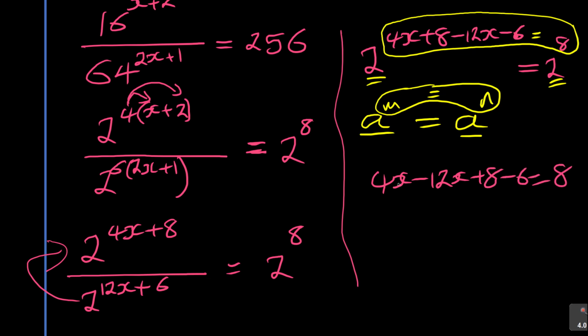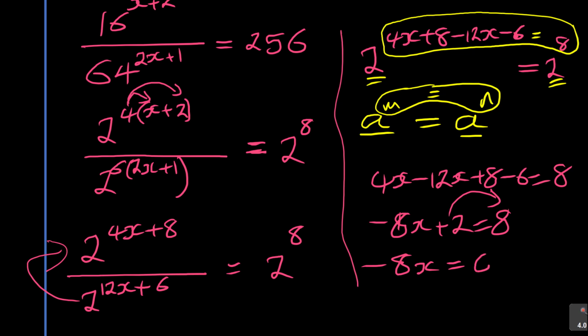Then you solve that. 4 minus 12 is negative 8x here, and then plus 2 is equal to 8. Then take that to the other side. You've got minus 8x is equal to 2. I mean, this 2 becomes negative, so it's 8 minus 2, which is 6.